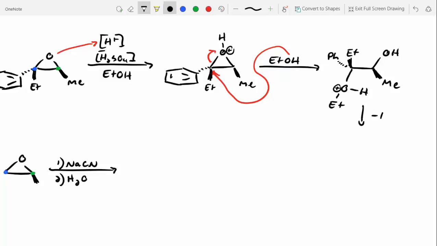And then last step will just be our deprotonation. So now we've got our ethoxy group anti to our alcohol, and we've got our methyl group down here. We've got our ethyl group sticking up, and we've got our phenyl over here. Does that make sense?